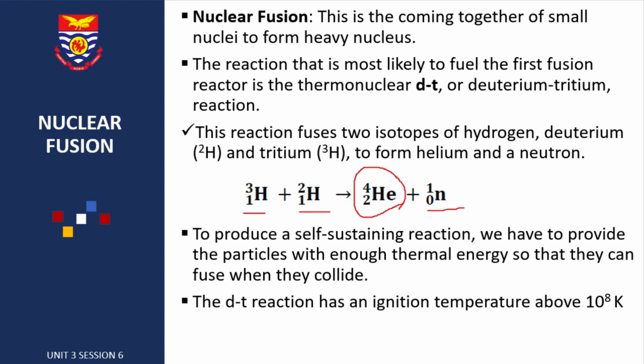To produce a self-sustaining reaction, you have to provide the particles with enough thermal energy so that they can fuse when they collide. And the deuterium to tritium reaction has an ignition temperature of 10^8 Kelvin.